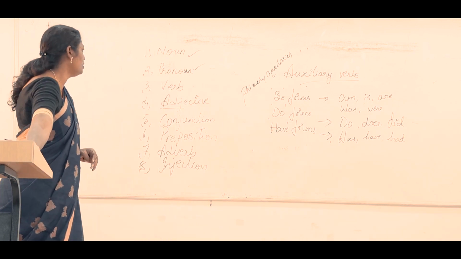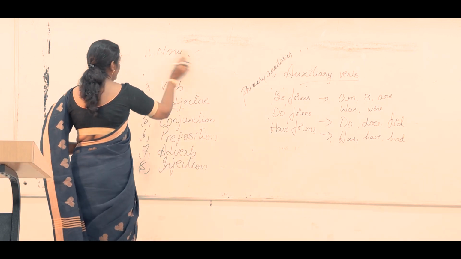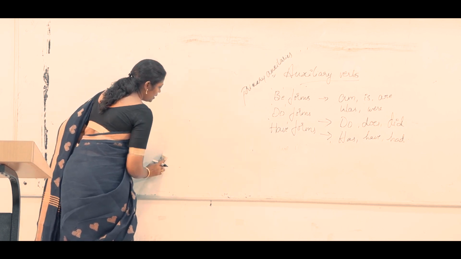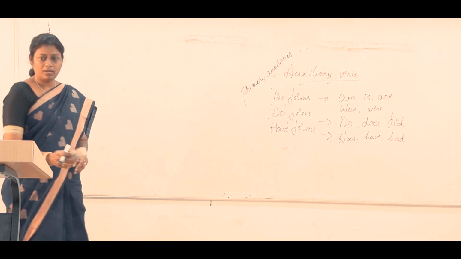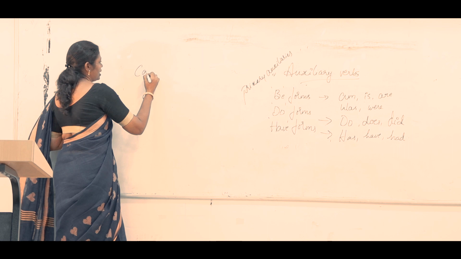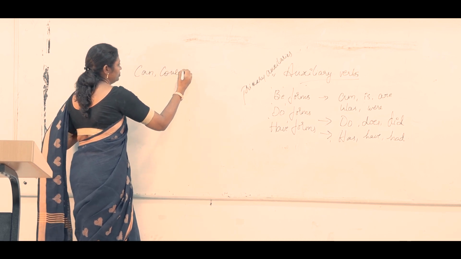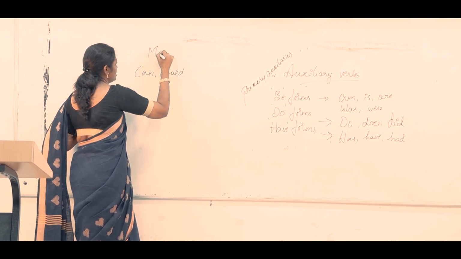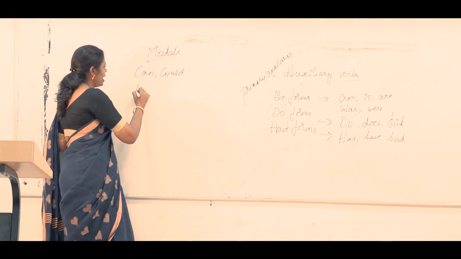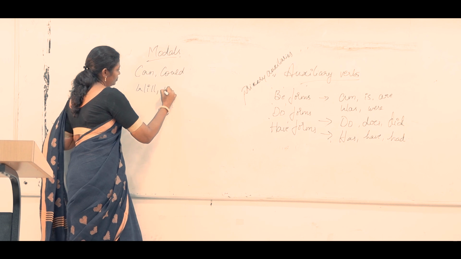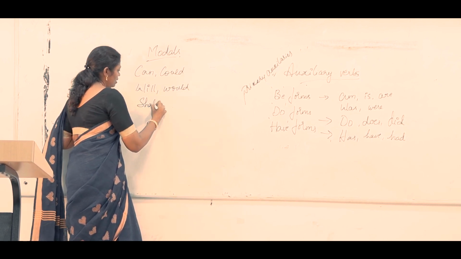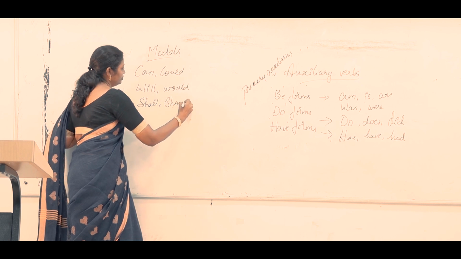Maybe you do not know the name, but we use them in our day-to-day language every day, guys. We use them on a daily basis. Can, could. These are called modals. Can, could, will, would, shall, should.